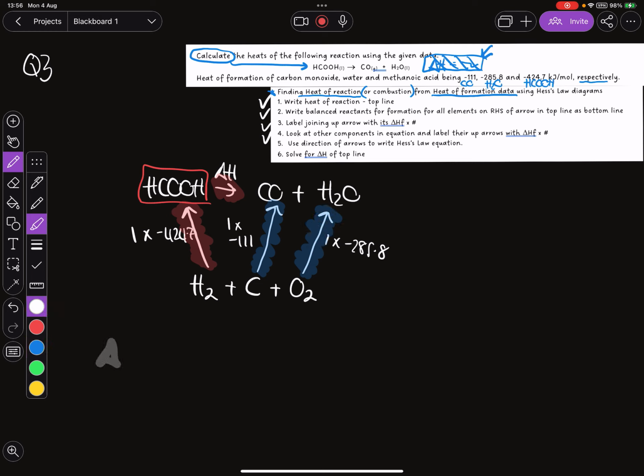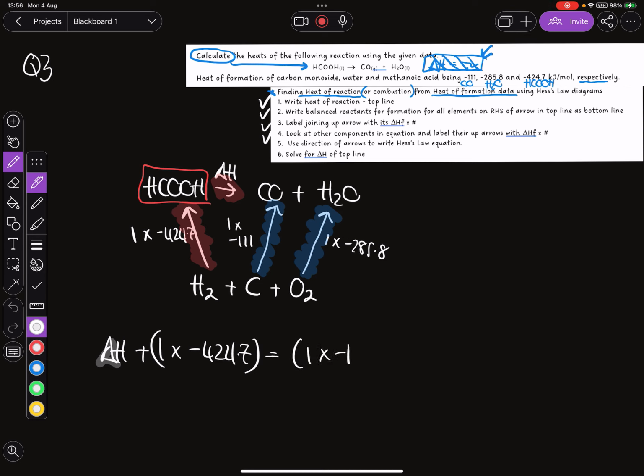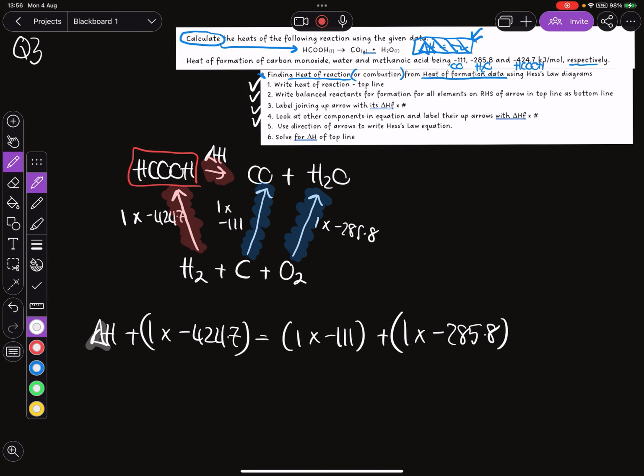So we have delta H plus 1 by minus 424.7 is equal to 1 by minus 111 plus 1 by minus 285.8.